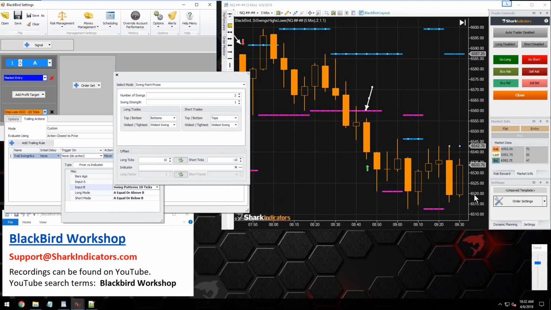Let's see, what would that 10 ticks be? Let me make this easy on myself. This is NQ, so how about if I make it 12? That's 3 points. It looks like our swing low is roughly at 65.20. It's probably a tick above that, but let's just say 65.20.